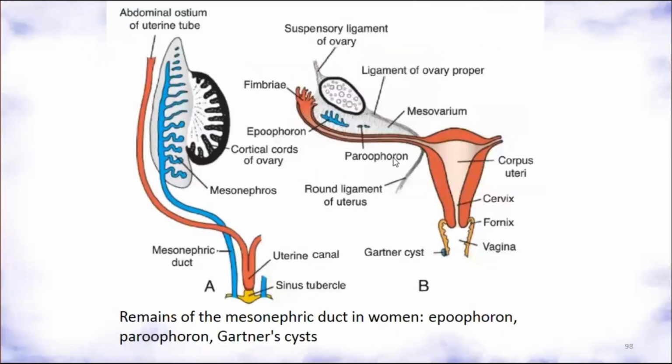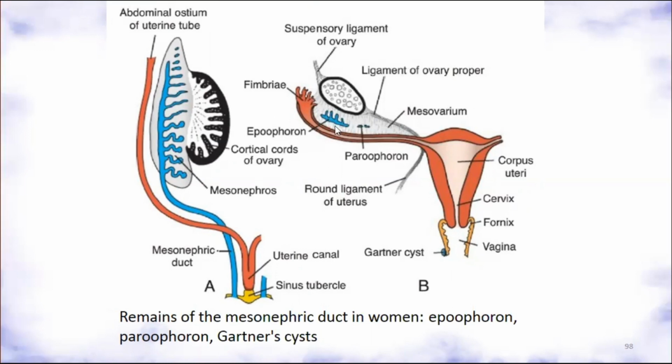And here we can see uterus and its fallopian tube in normal condition, and remains of the male mesonephric duct may also be present in the female organism. Near the fallopian tube, there are epoophoron and paroophoron, bubble-like structures which are present in the ligaments which surround the fallopian tubes, and usually they are described as a normal condition, so they are remains of the male mesonephric duct.